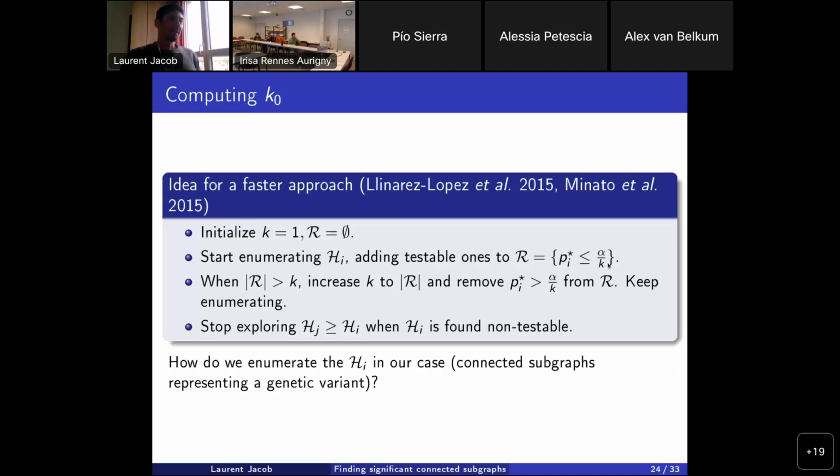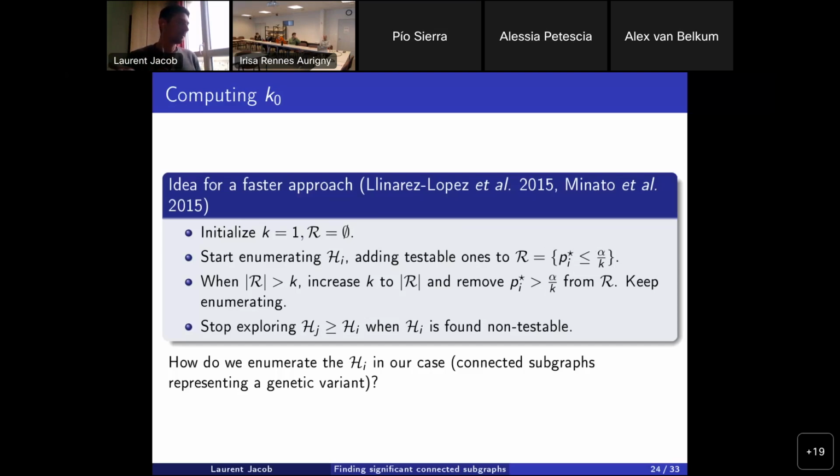If this set has more than k elements at some point, then you increase k, which again will change the threshold. You increase it to the cardinal of the active set, and then you may have to remove some of the hypotheses which are not testable anymore at this level, and then you keep enumerating. So that's the general idea.